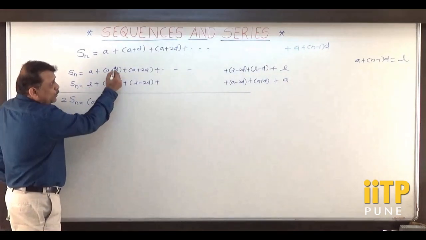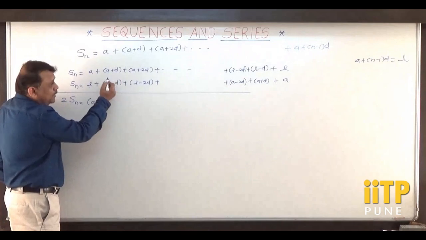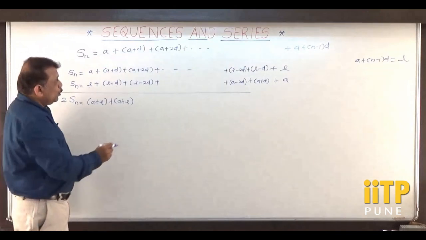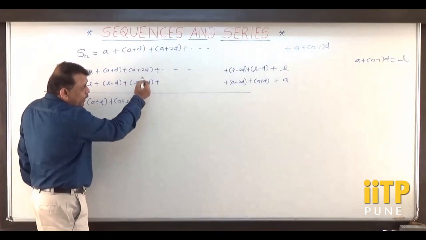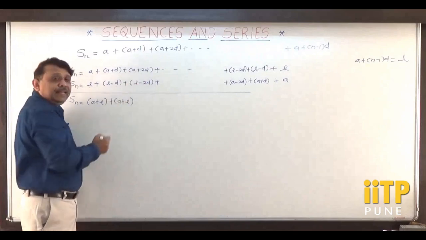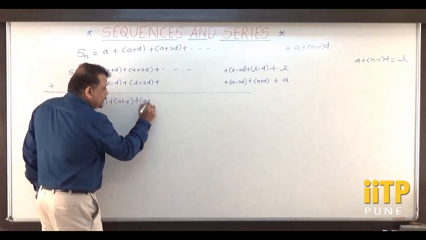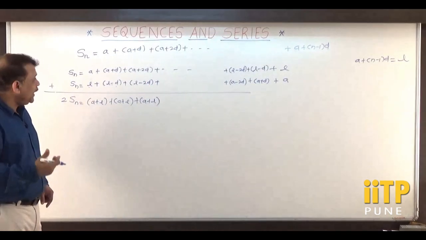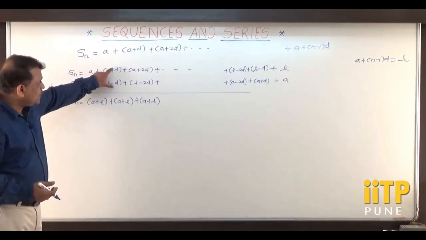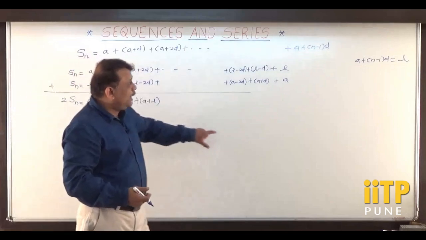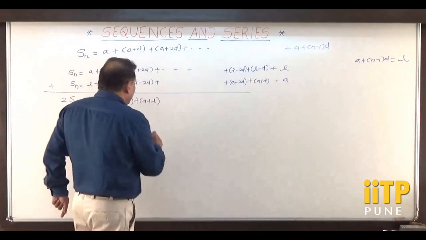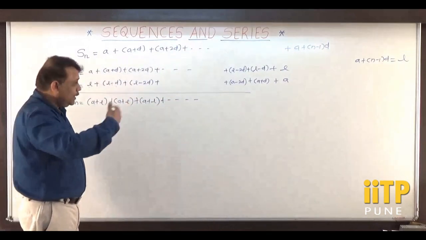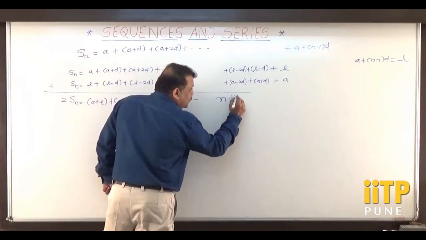Next, if we add these two, this D and this minus D will get cancelled, and I will get again A plus L. So here if I add these, 2D minus 2D is cancelled, again I am getting A plus L. So this A plus L, the same number, is repeating how many times? First time, second time, third time, and this is what? Nth time. So this will continue and I will get A plus L, A plus L, A plus L. How many times? N times.